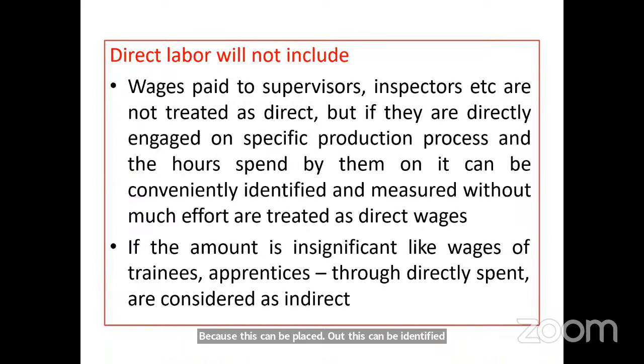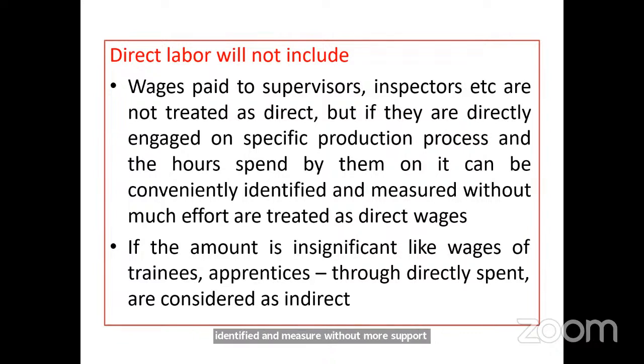Please remember here, wages paid to supervisors, inspectors, etc. are not treated as direct, but if they are directly engaged on the specific production process and the hours spent by them can be conveniently identified and measured without much effort, they are treated as direct labor.